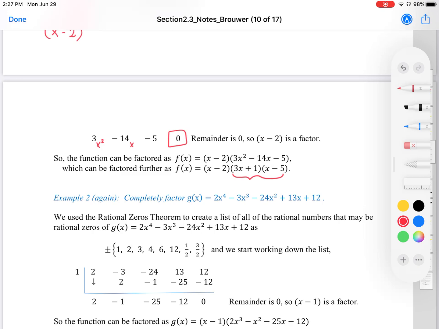Let me show you that on the side. So I have 3x squared minus 14x minus 15. All right, 3 times 15 gives me 45, and 14. So what numbers multiply to give you 45 and add to give you 14?